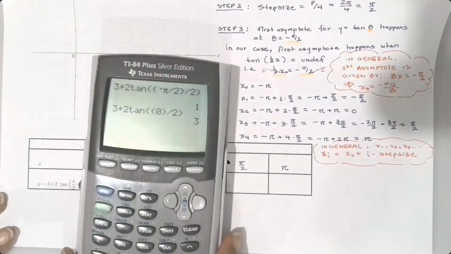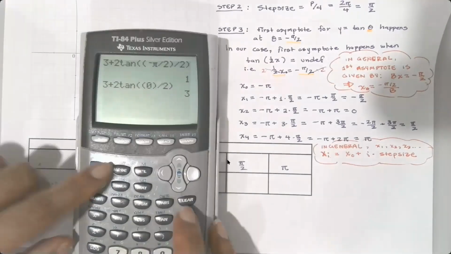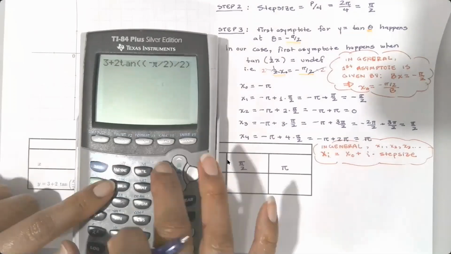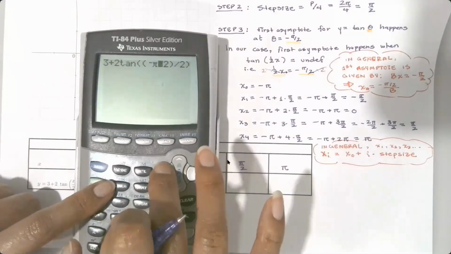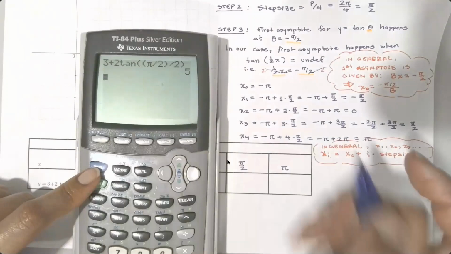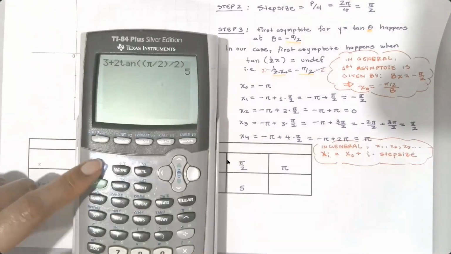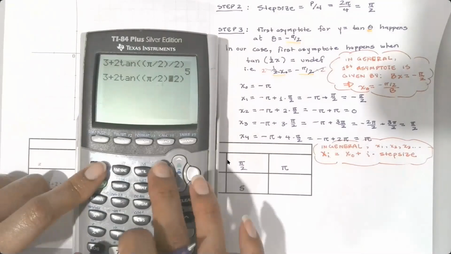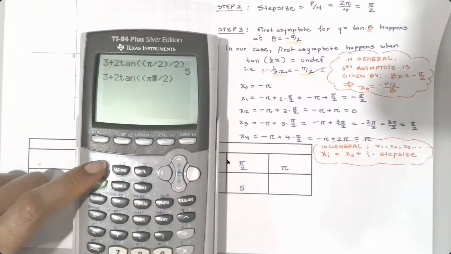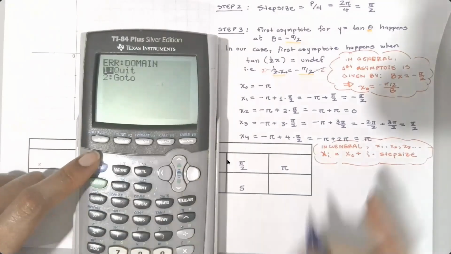The next one is a pi over 2. So I'm just going to eliminate the negative. And that gives us 5. And then the last one is just pi. Okay, that's domain error. This means that we have an asymptote.